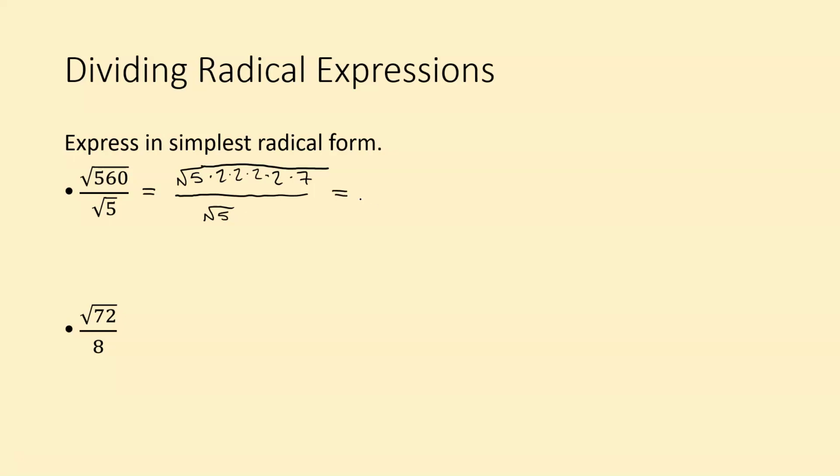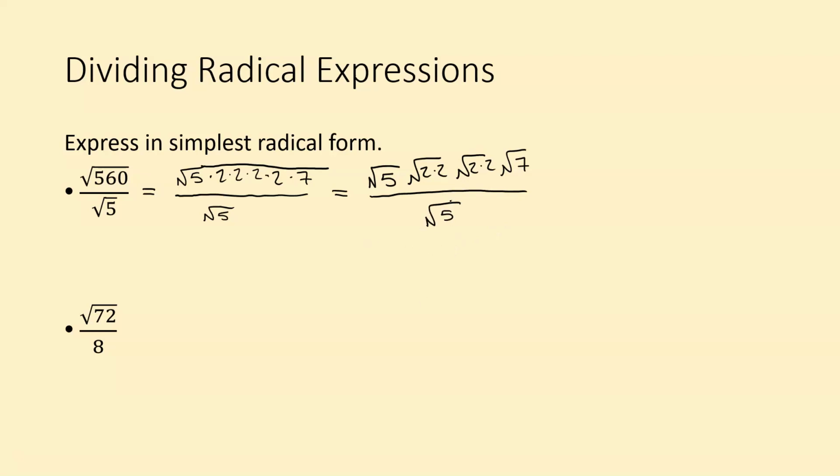What I can do is separate these radicals. I'm going to separate the 5, because I'm going to cancel that with the bottom. And then I can also take out these perfect squares: 2 times 2, 2 times 2, and then just a root 7 out here.